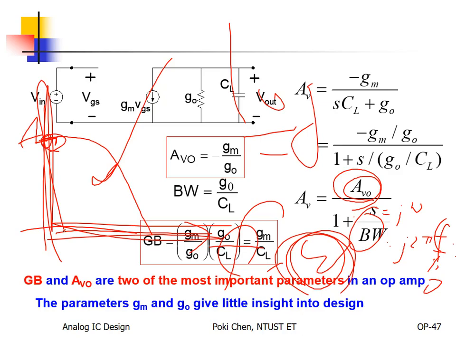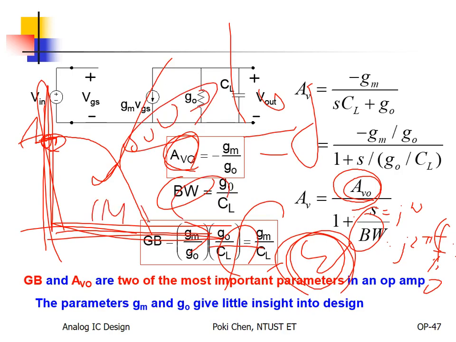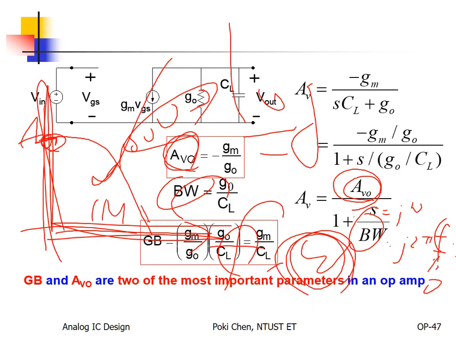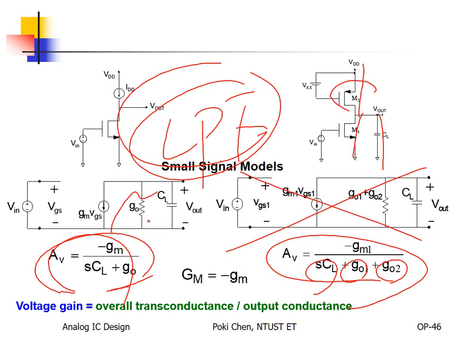Those two, I mean DC gain and bandwidth, relate to performance. But if I only show you the gain is 10,000 and the bandwidth is 1 megahertz, then you won't have any idea what the circuit looks like, right?